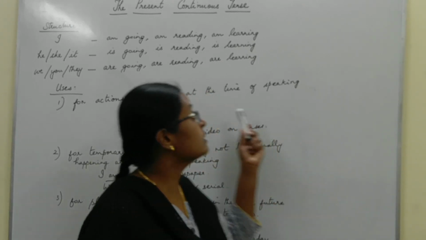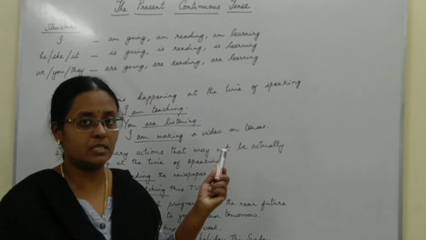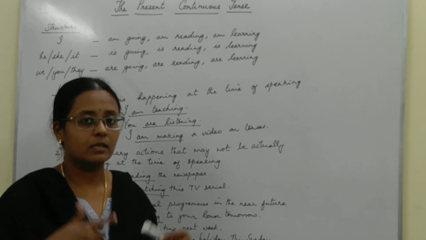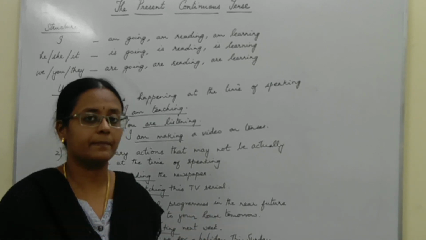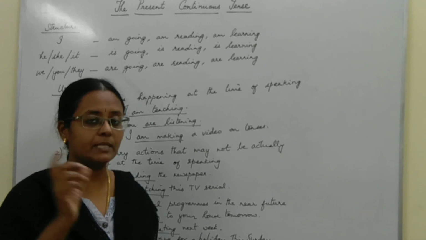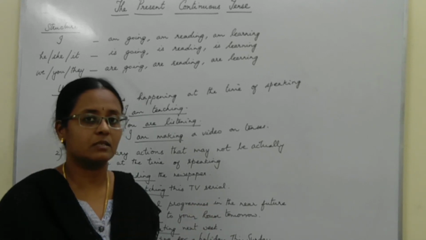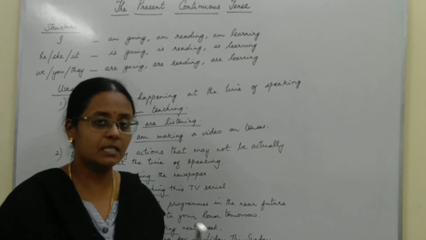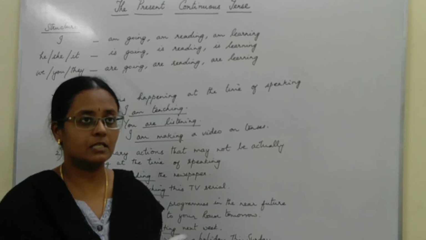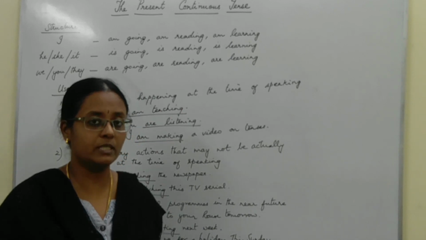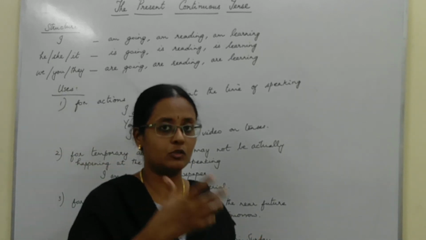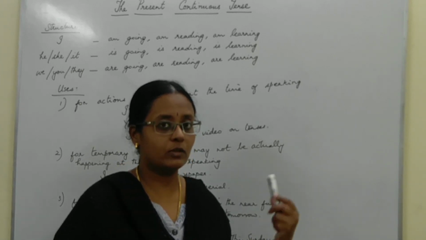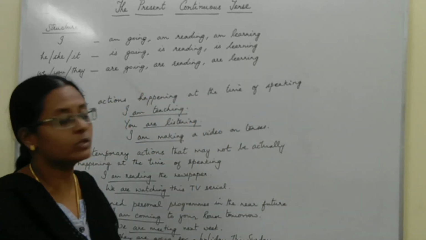So it's okay to use the present continuous tense in such cases instead of using the simple present tense if it is going on continuously. But we are also using that particular adverb like always, continually or continuously, constantly, persistently. "She is always watching TV," which means you have told the person not to watch TV that much, but she is still doing it, right? So in that case, you can use the present continuous tense.